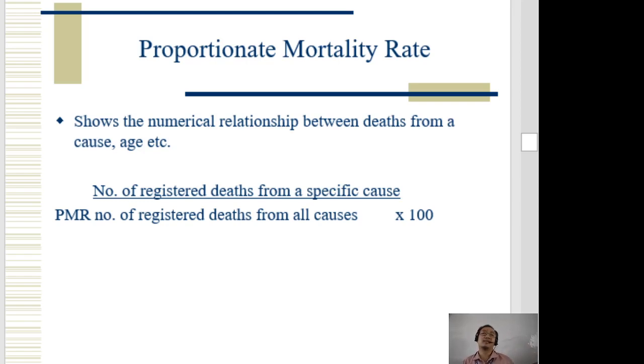Then you'd say out of all of those cases of death, how many percent is from COVID-19? So you are going to compute it. That is your proportionate mortality rate.